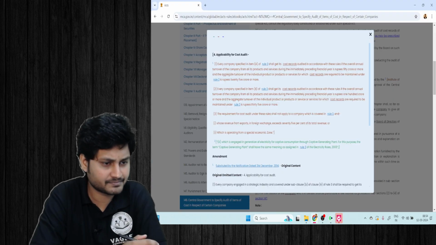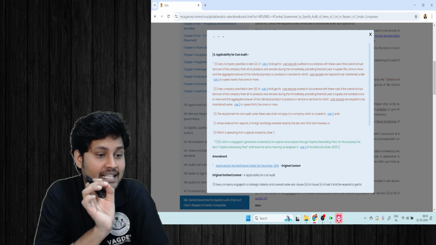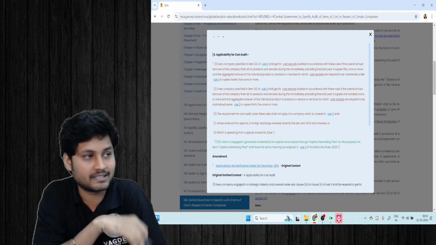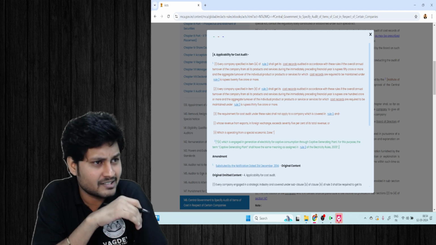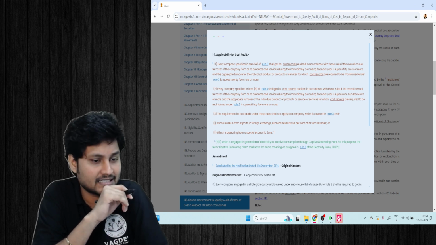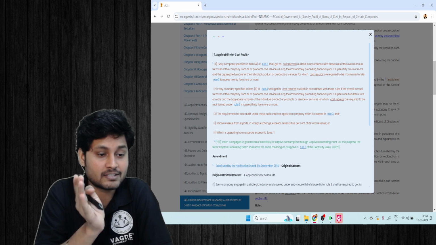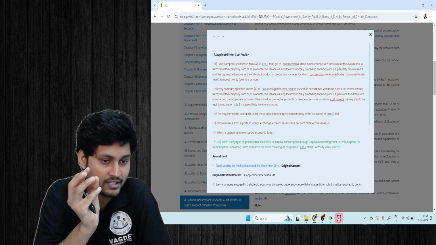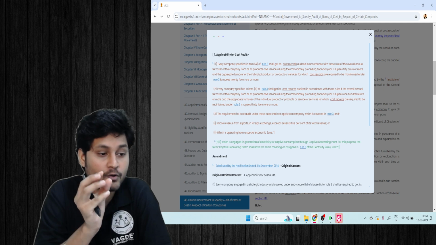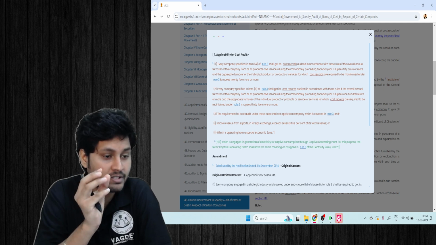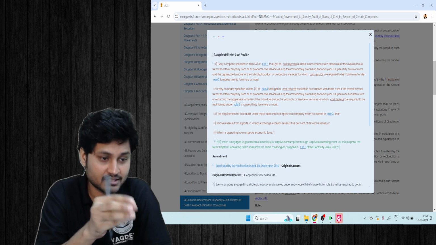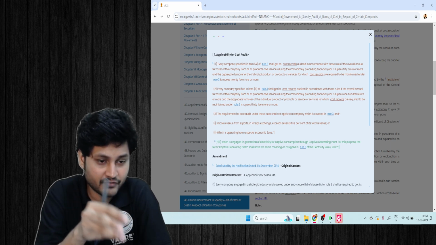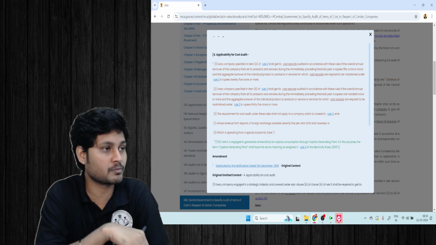Every company specified in item number A of rule number 3. What is item number A? Regulated sector. Okay, regulated sector shall get its cost records audited in accordance with these rules if the overall annual turnover of that company from all its products and services during the immediately preceding financial year is rupees 50 crores or more.